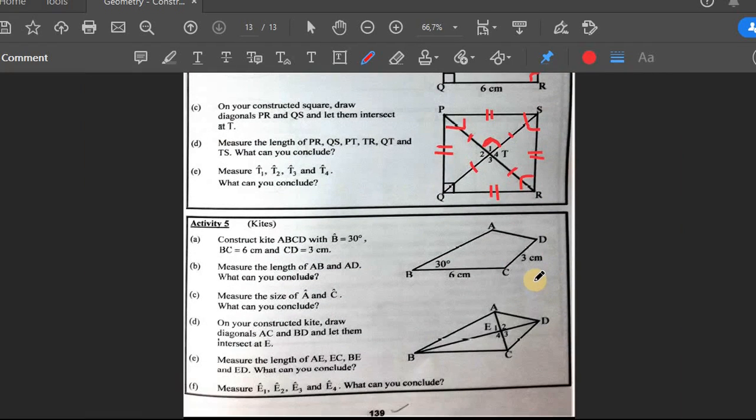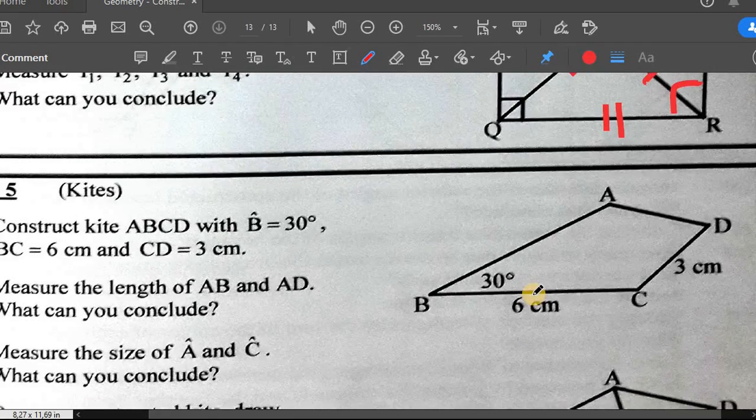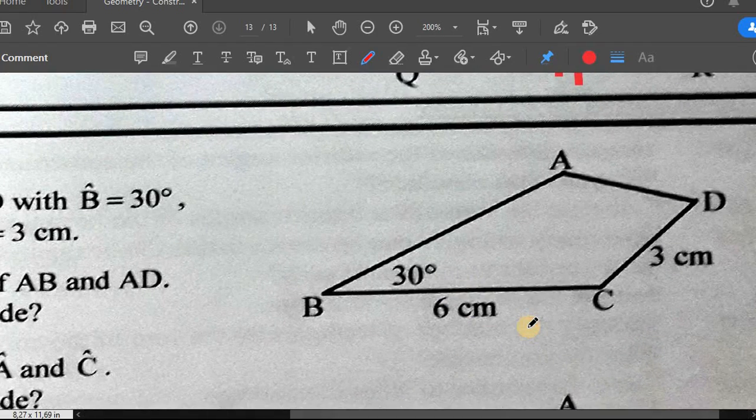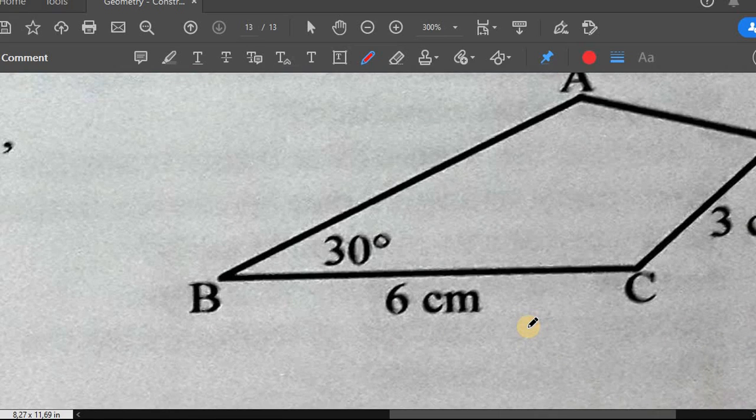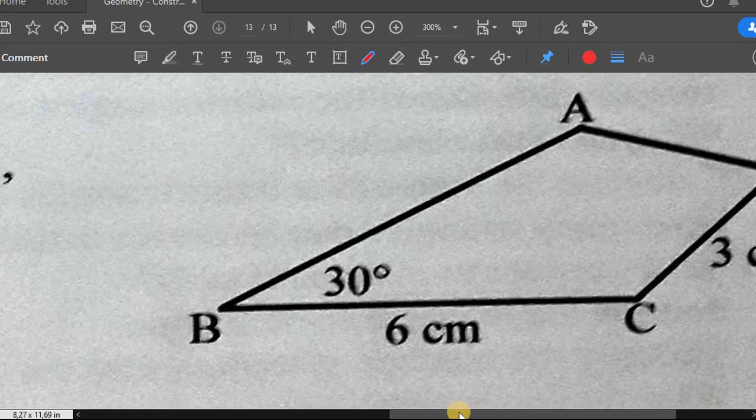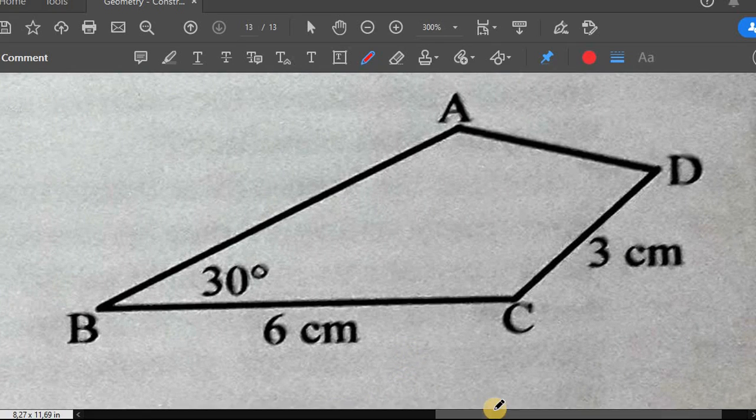Okay, the kite. All right, with the kite, they would have made you construct this kite. The instructions are there: a 6-centimeter line, 30 degrees, go 6 centimeters out there, then 3 centimeters and 3 centimeters.